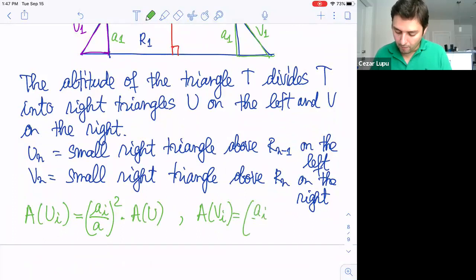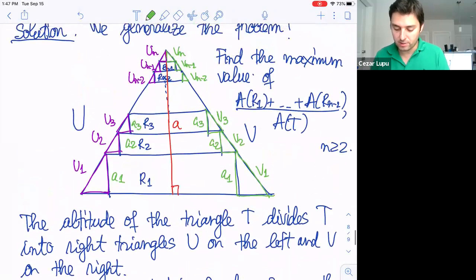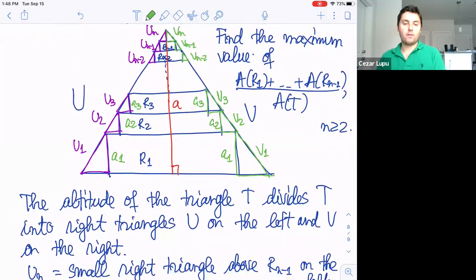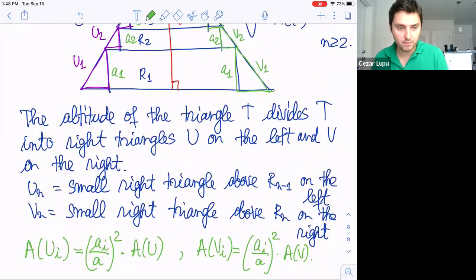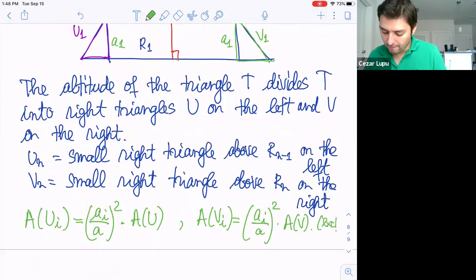It is (Ai over A) squared times A of V. Well, any triangle Vi you pick is, as you can see, similar to this big right triangle, right? And if you take the areas, it will be just this formula, right? You just express the area of each one of them, and then you will derive this formula. I'll leave this to you as an exercise. It's very, very simple. It's extremely simple.